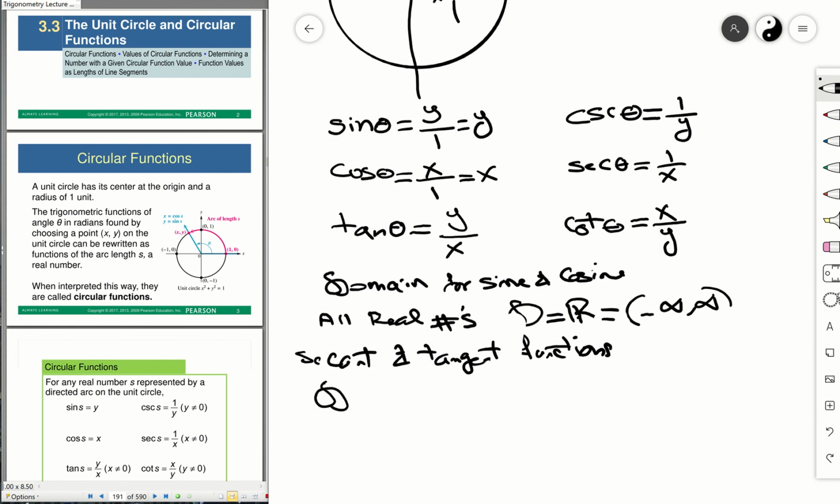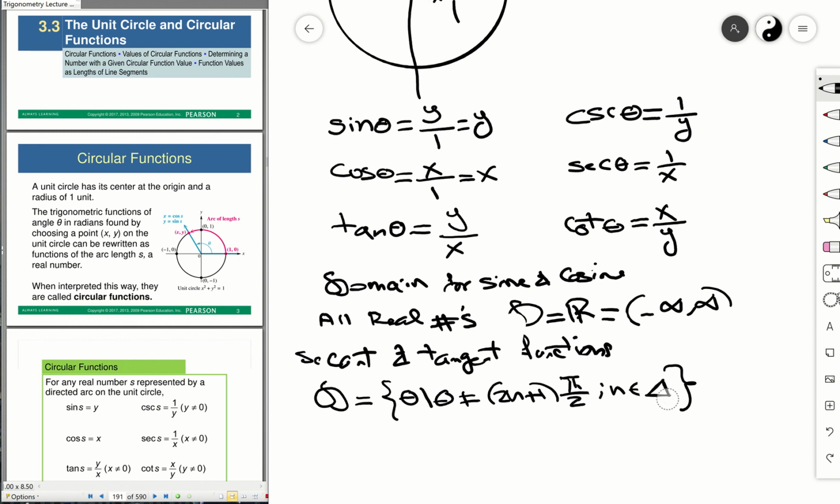We say the domain is all theta such that theta does not equal 2n plus 1 times pi over 2. This is how we create odd multiples. Notice that let's go ahead and be completely precise and say n belonging to the set of integers.